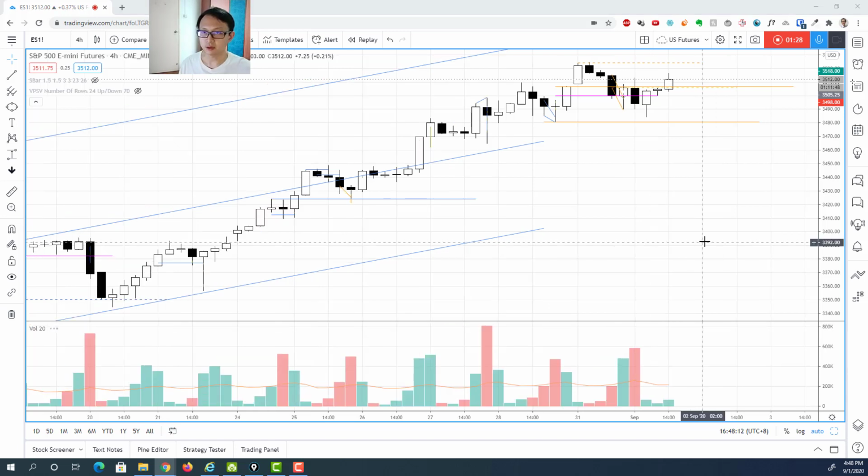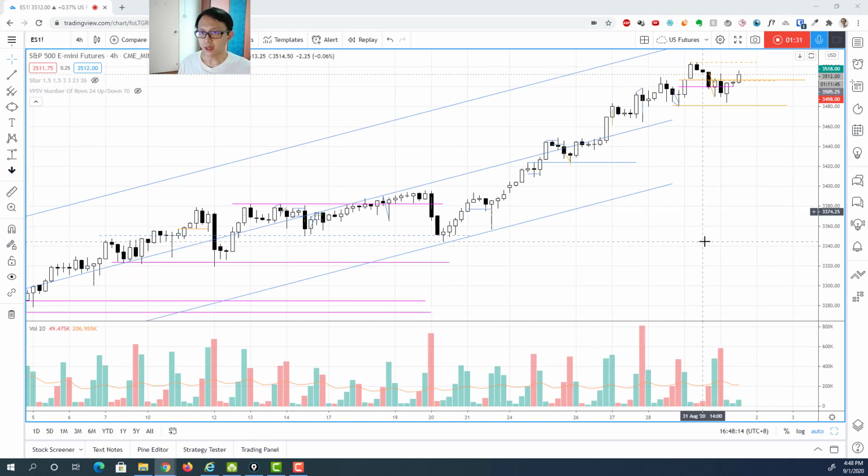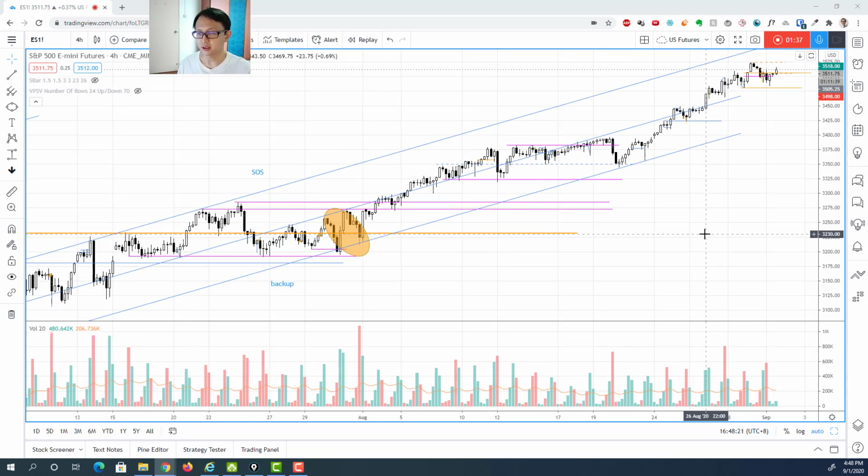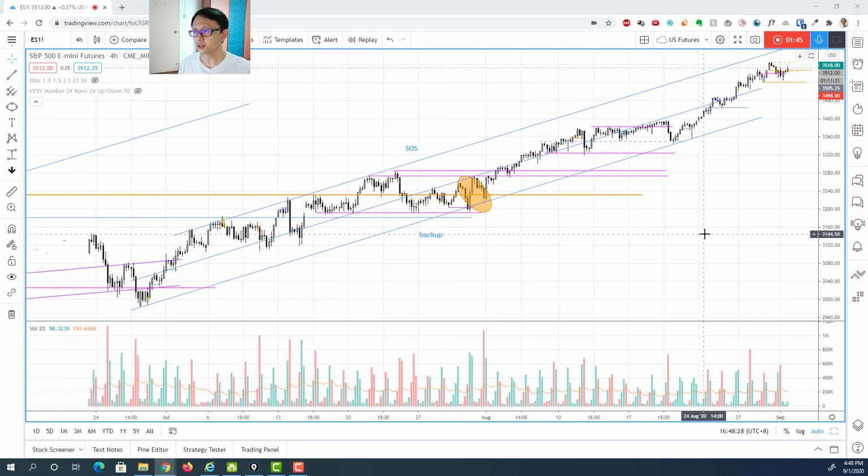So let me zoom out a little bit. What I would like to show you is a very critical and important concept, yet relatively easy to spot, because every time the market does this, the uptrend gets paused.